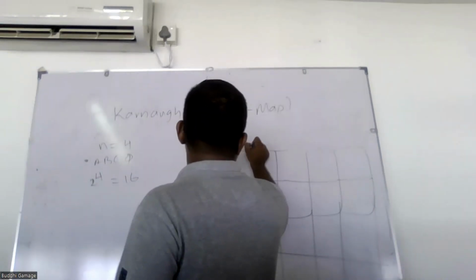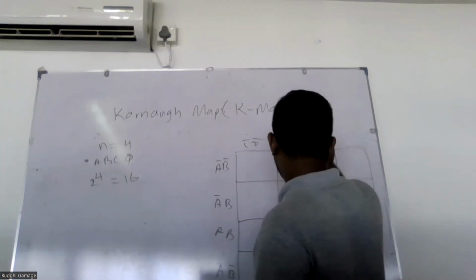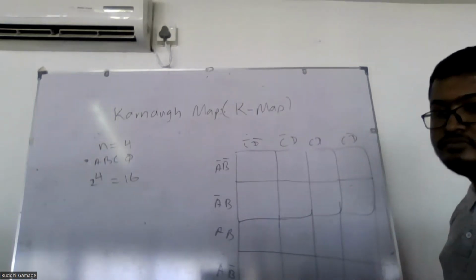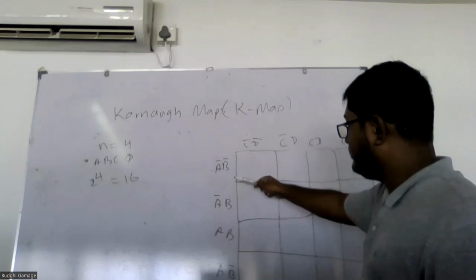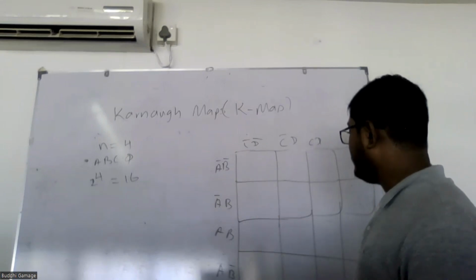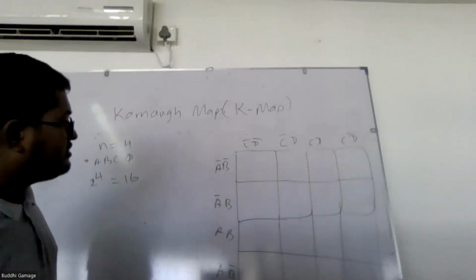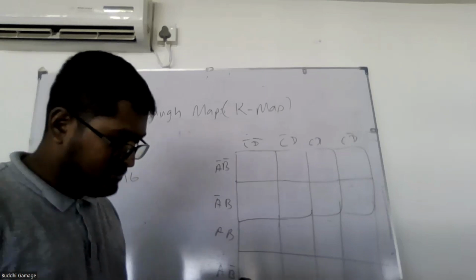Here C bar D bar, then C bar D, C D, C D bar. Again, you can only change one variable at a time. Then you can derive all the 16 operands. Keep that in mind.